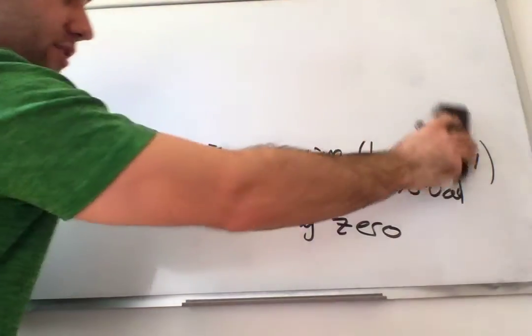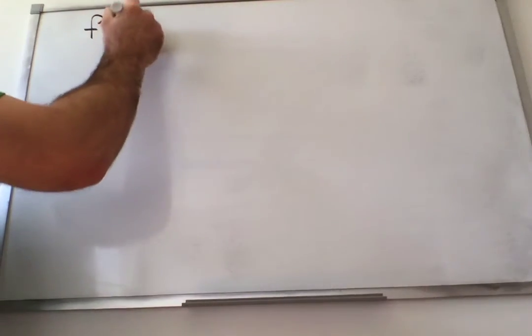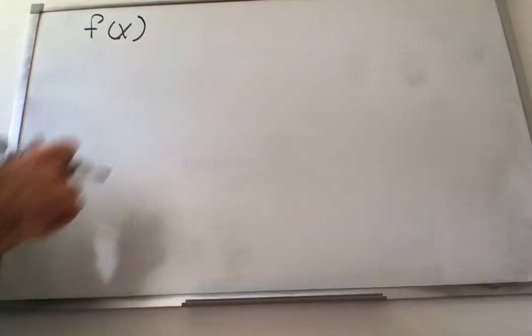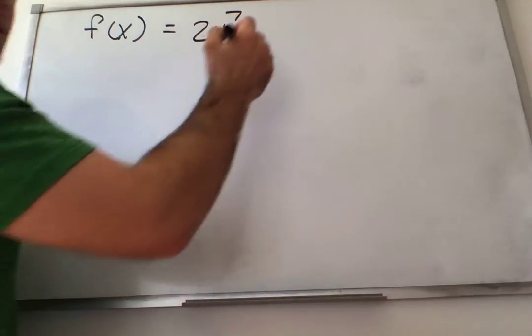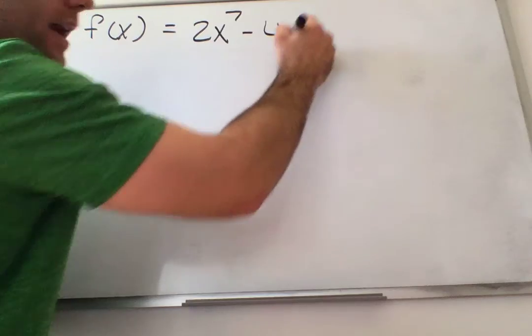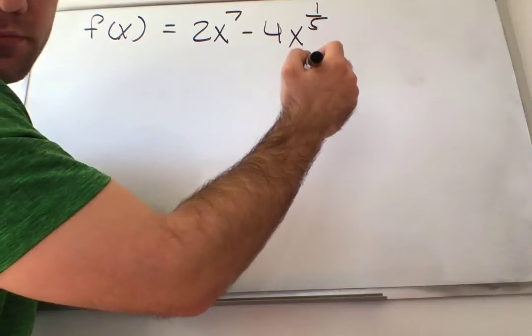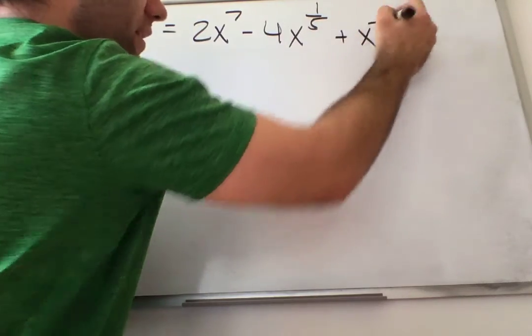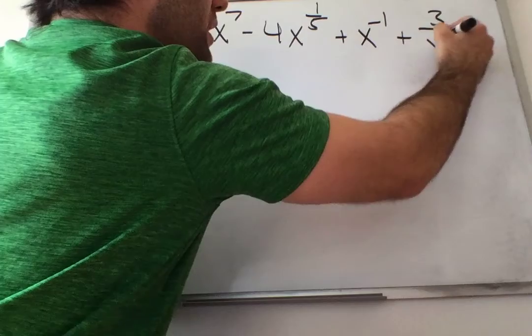So let's go ahead and do an example. Find the most general antiderivative of 2x to the 7th minus 4x to the 1/5 plus x to the negative 1st plus 3 divided by x squared.